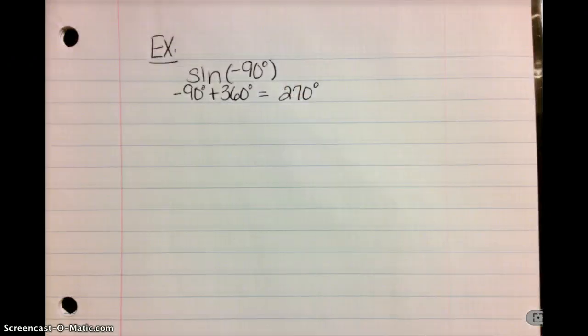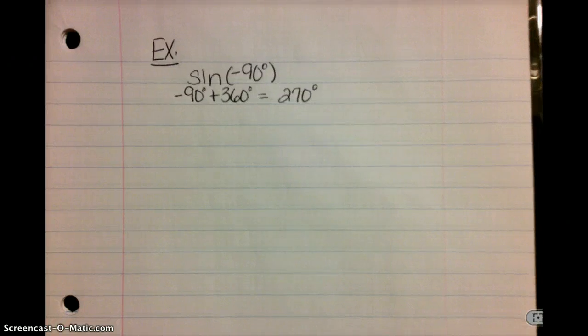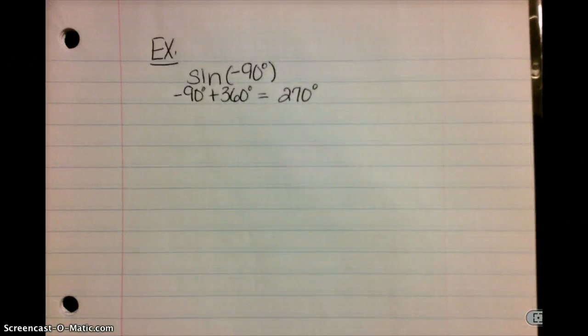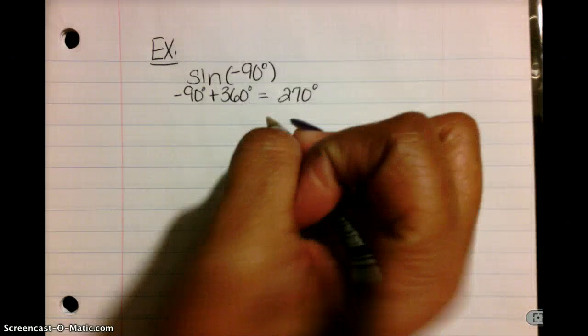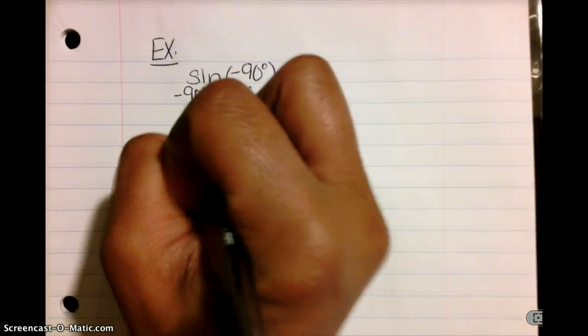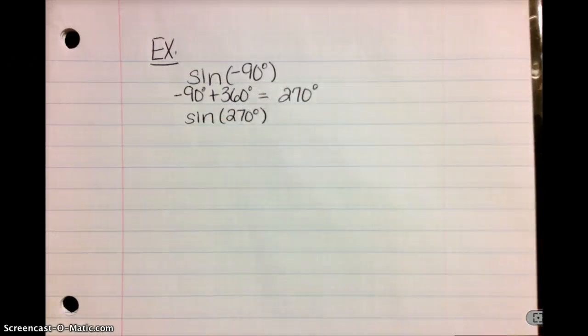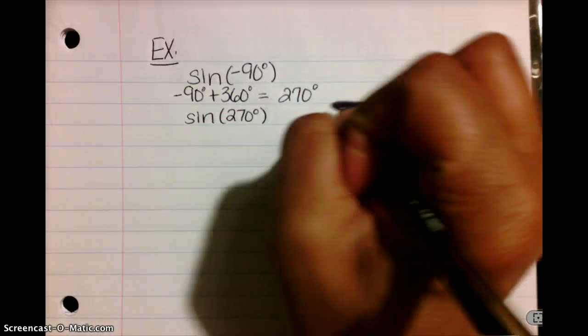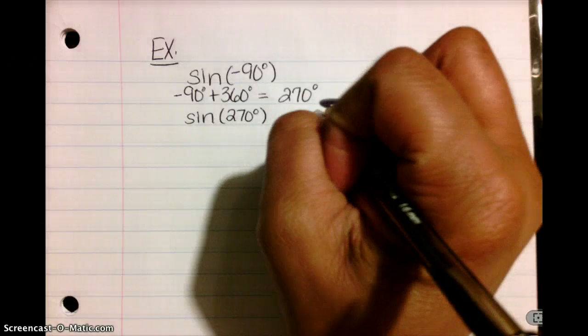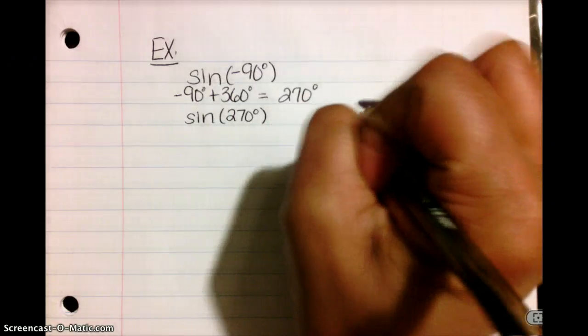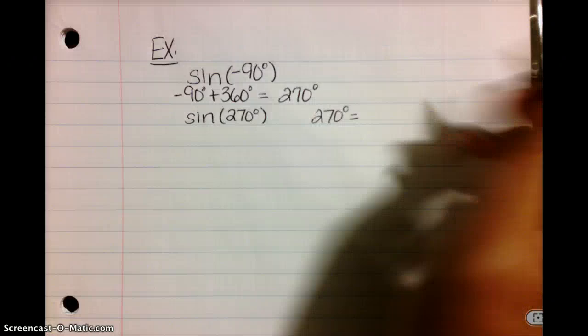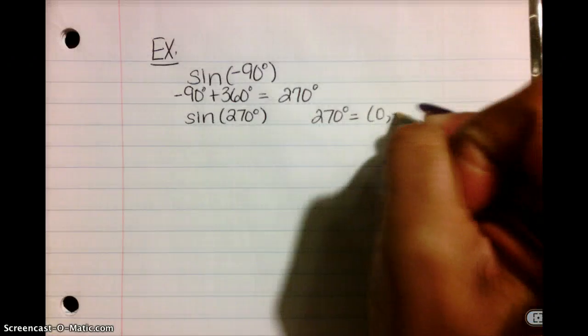And when you add 360 degrees, you get 270 degrees. So now 270 is the reference angle, and we're going to find the sine of 270 degrees. Okay, that's one that we have to remember. And remember that the ordered pair for 270 degrees is 0, -1.